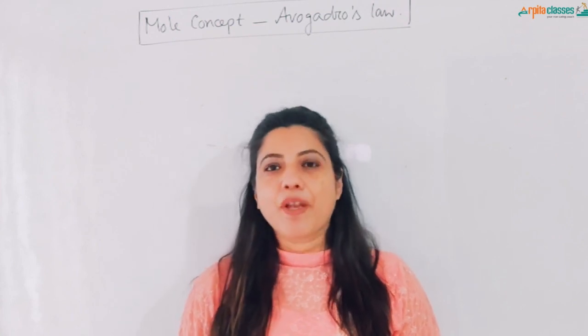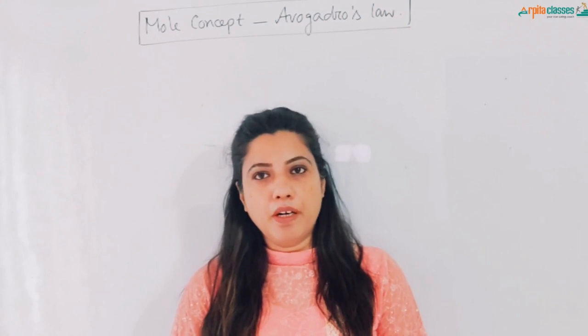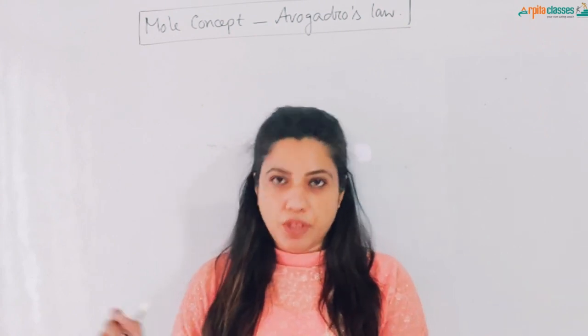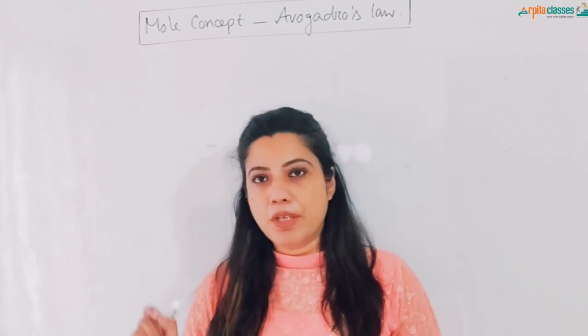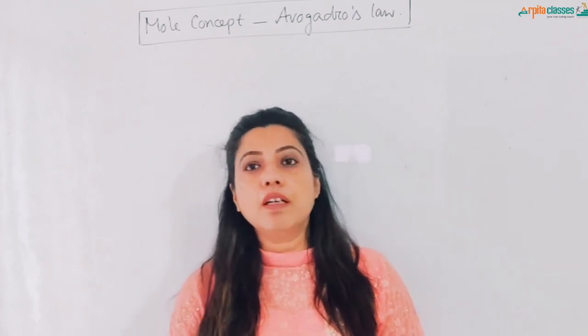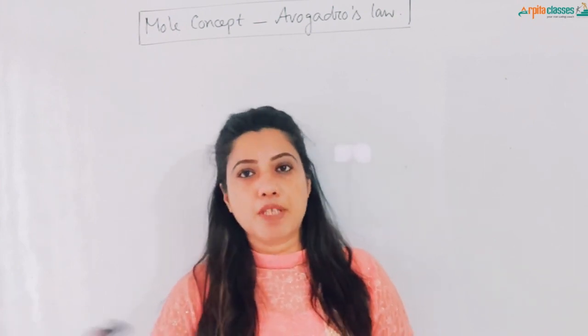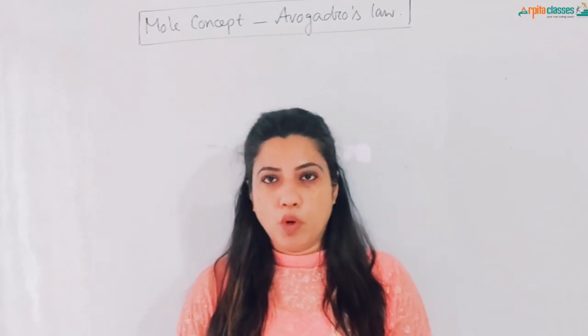Let's get started. So before doing the sums from Avogadro's law, we need to remember few relationships. What are those? I'll just tell you. In chemistry, we often hear a word called mole. 1 mole of carbon dioxide, 1 mole of a substance. So what is this mole?